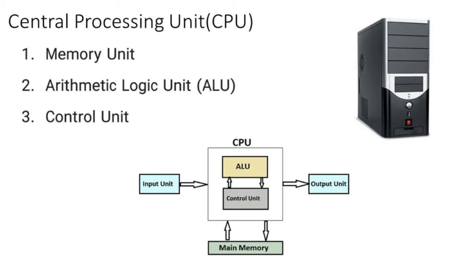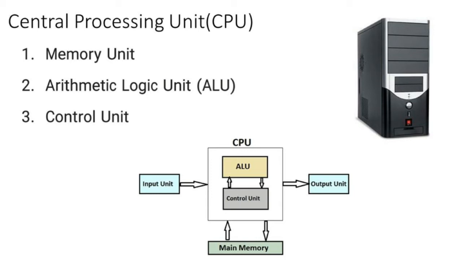The next part of the computer, Central Processing Unit, CPU. CPU is the brain of computer. The data is processed in the CPU. The CPU has namely three parts. They are memory unit, arithmetic logic unit, ALU, and control unit.